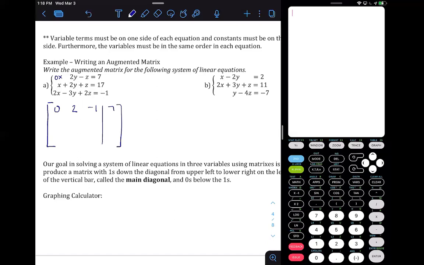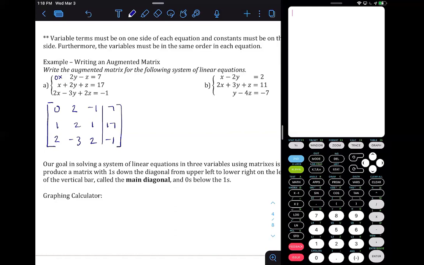So what would the second row be for x plus 2y plus z equals 17? 1, 2, 1, 17. And then our third row would be 2, -3, 2, -1.